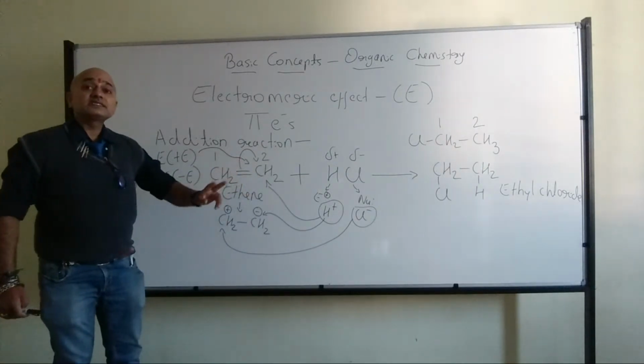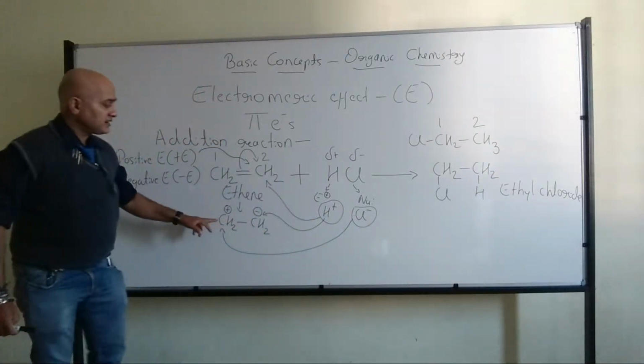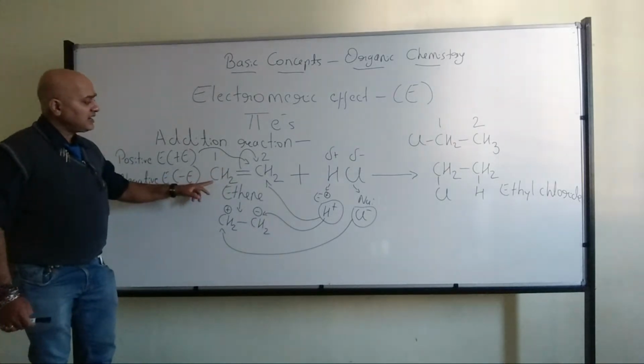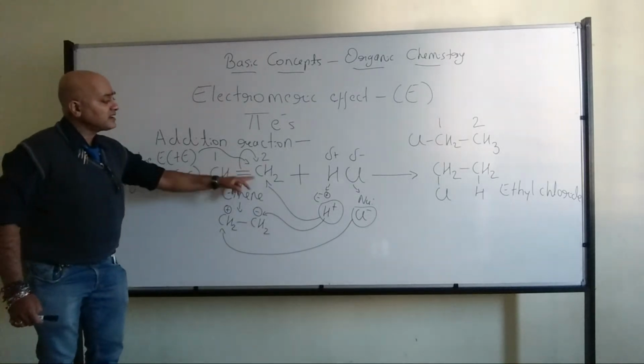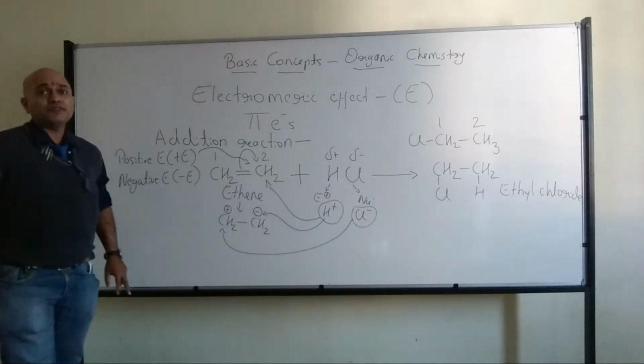And exactly vice versa for chloride. Because at carbon 1, chloride is getting attached, the electron is moving away from this particular carbon. So that is nothing but negative electromagnetic effect.